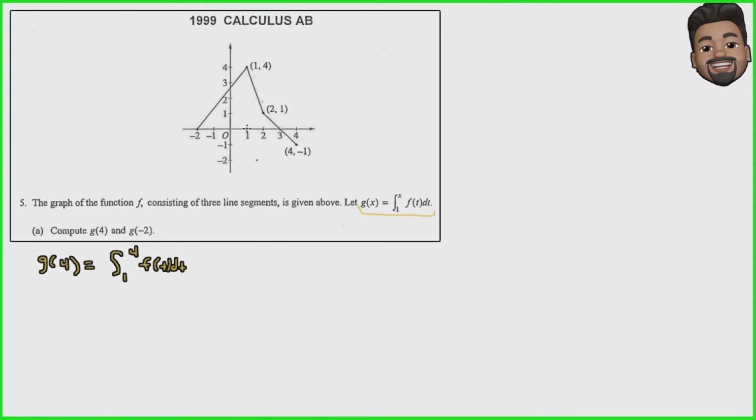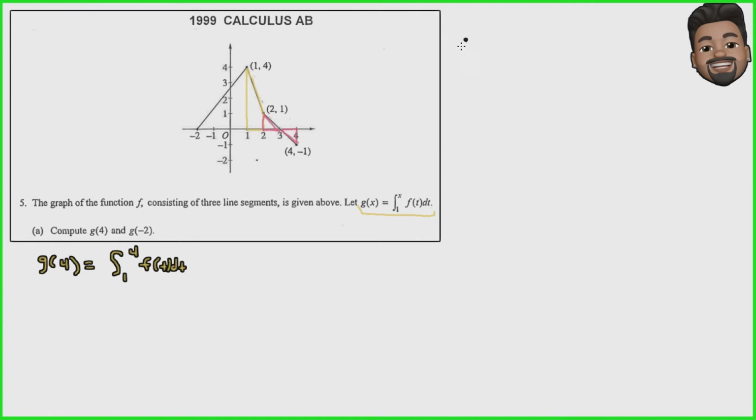So I'm going to draw what I see: a trapezoid right here. And from 2 to 4, we get a triangle here and a triangle here. We don't even need to compute these because they cancel each other out. This is positive and this is negative, and they're the same. So all we need to do is compute this trapezoid.